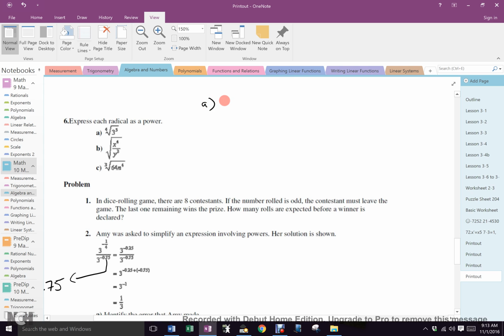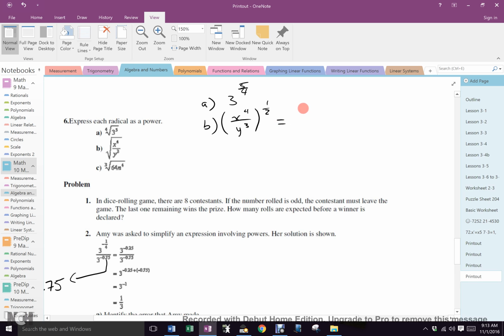A is 3 to the 5/4. B, now B is like that one we had earlier. It's got 2 answers. I will accept this: x to the 4th, y to the 3rd, all to the 1/2. I will accept that.